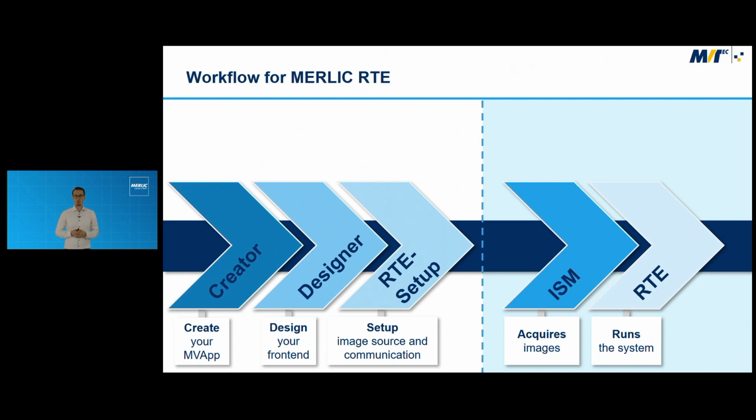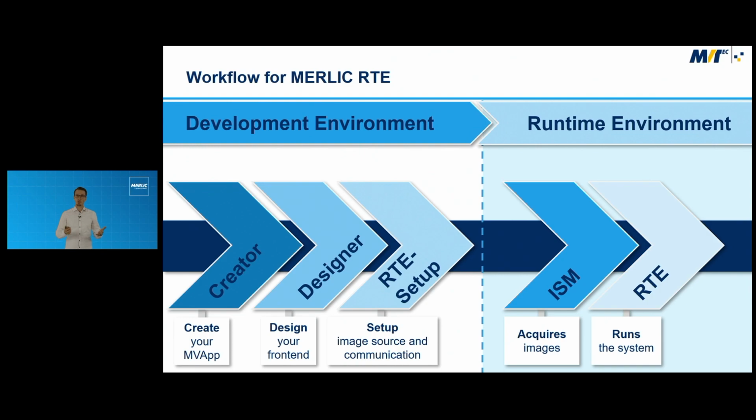On the left side, we start with the MERLIC Creator. There we create our MV apps, more or less. The Designer: with the Designer, you design your front end you want to show later in the application. And the RTE Setup, the runtime environment setup, which is used for setting up the image source, setting up the recipe, and setting up your communication with the PLC later.